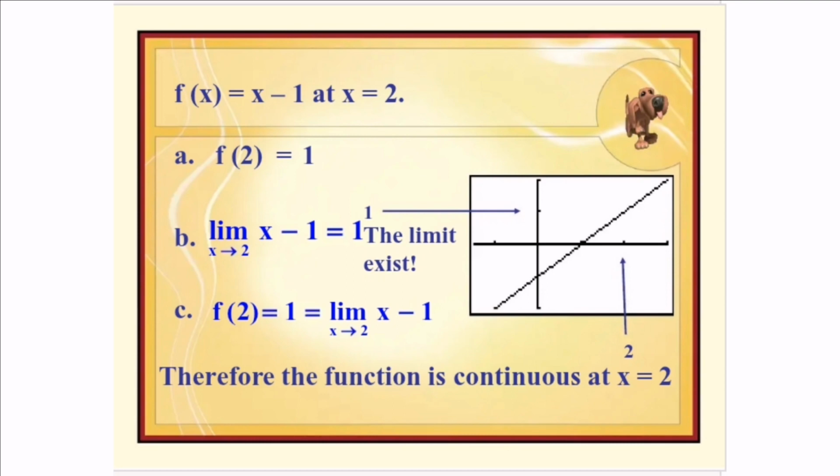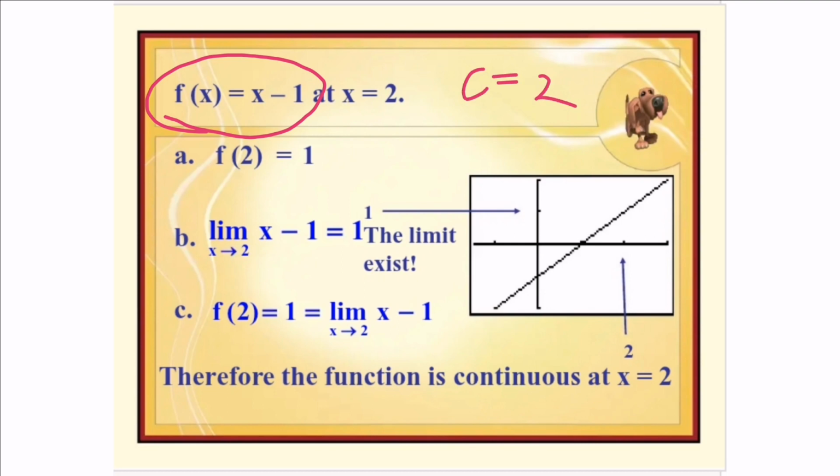First example, given that f of x is equal to x minus 1 at x equal to 2. We want to explain the continuity of the given function f of x is equal to x minus 1 at the point x equal to 2. Means here the value of c is equal to 2.